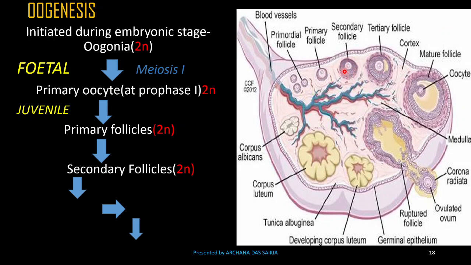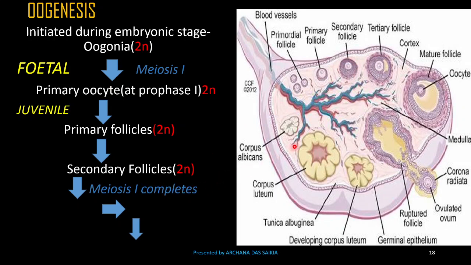Meiosis, which was suspended at prophase 1, has still not resumed, but is gradually going towards restarting the process. Then meiosis 1 completes. Once secondary follicles have fully developed, by that time meiosis 1 will complete.